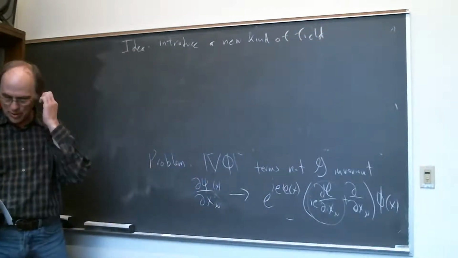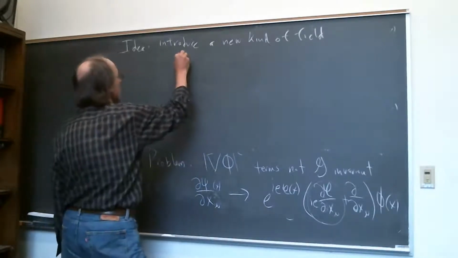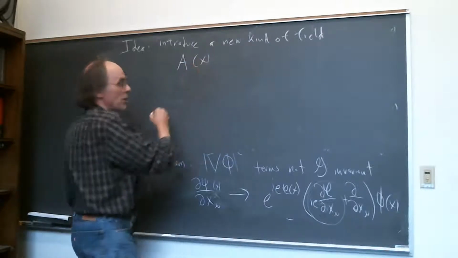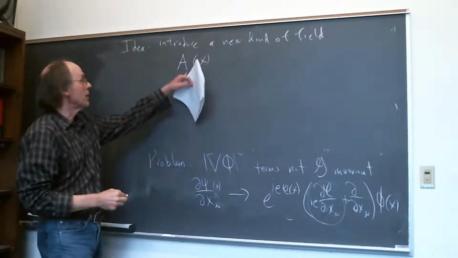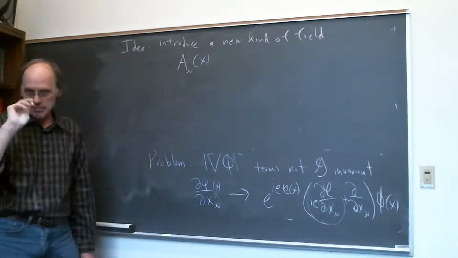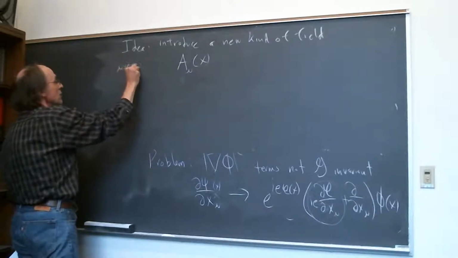It's going to be something that depends upon where you are in space-time, but it also carries a space-time index, so μ is equal to 0, 1, 2, 3.